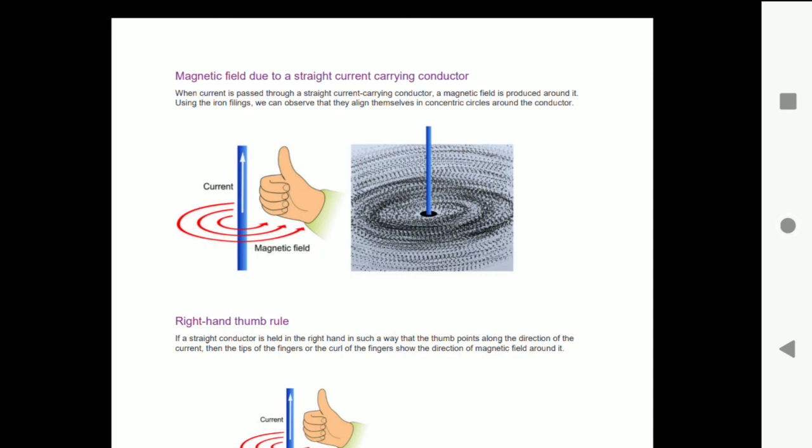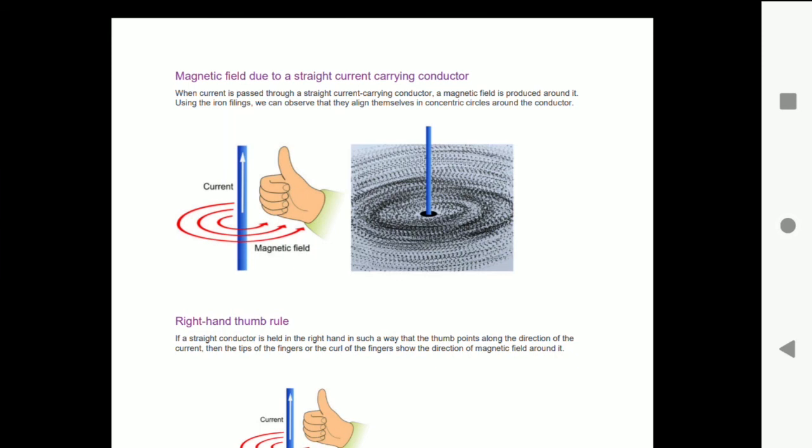That is, first one, it is directly proportional to the current passing in the wire and inversely proportional to the distance of that point from the wire, which means greater the current in the wire, stronger will be the magnetic field produced. If you increase the intensity of current, you will get a strong magnetic field.